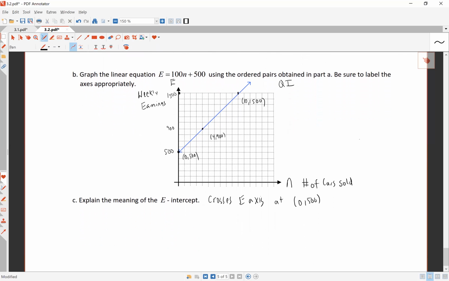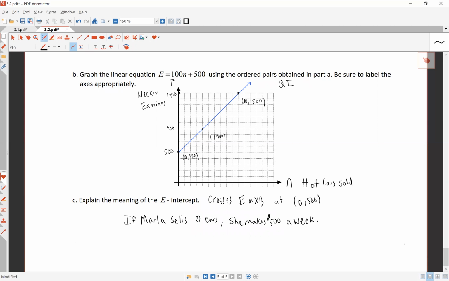And the meaning of that just says that if she sells 0 cars, she makes $500. Or we could say something like she's always guaranteed $500 a week, regardless of commission or not.